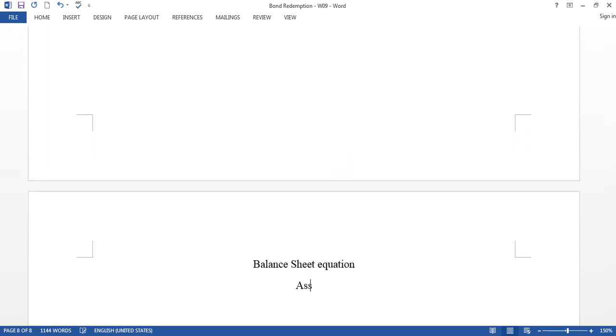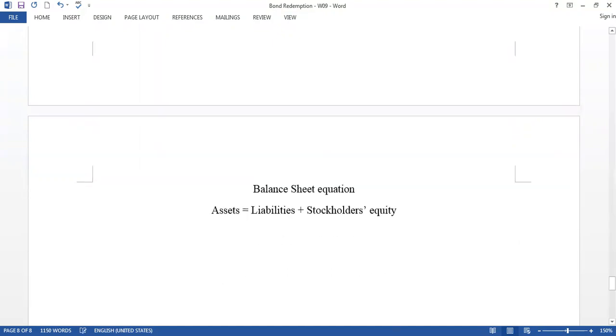Assets equal liabilities plus stockholders' equity.